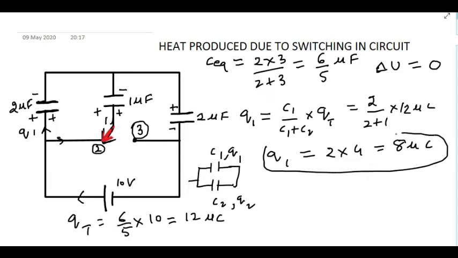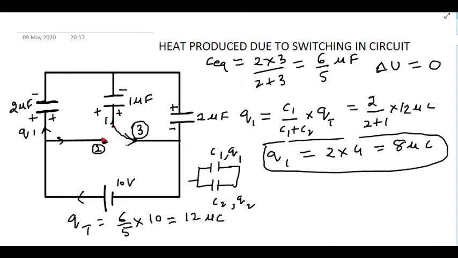Now what happened when the switch is shifted from 1 to 3? I just disconnect it from here and connect 1 and 3. So the switch is now like this.